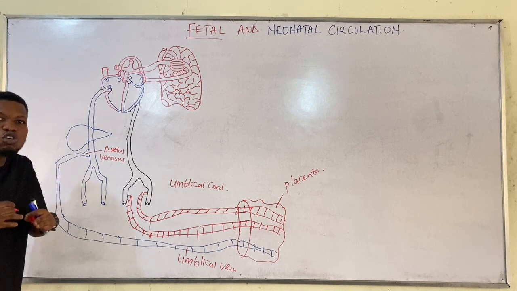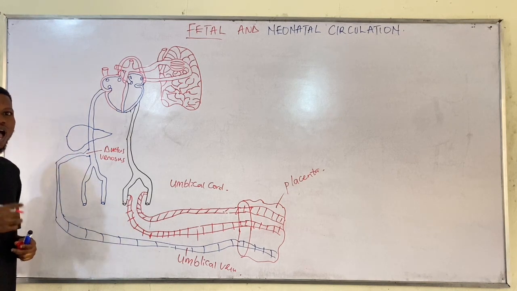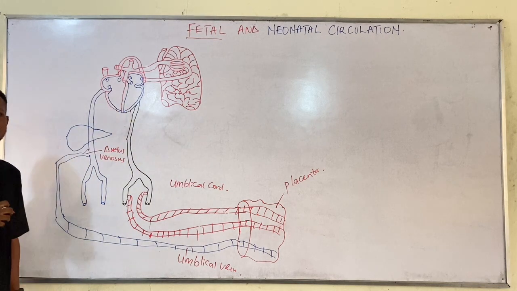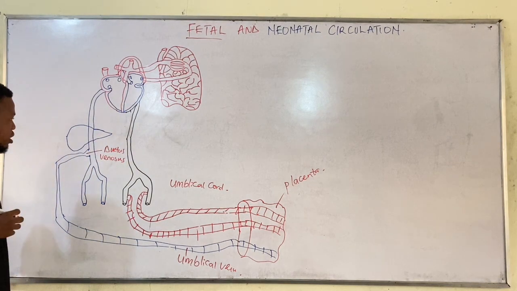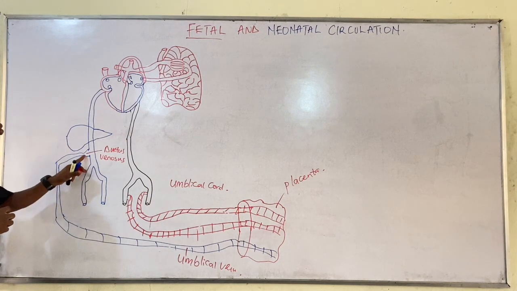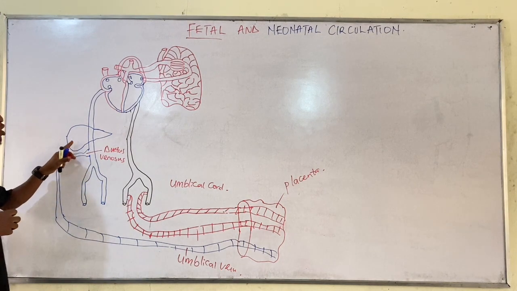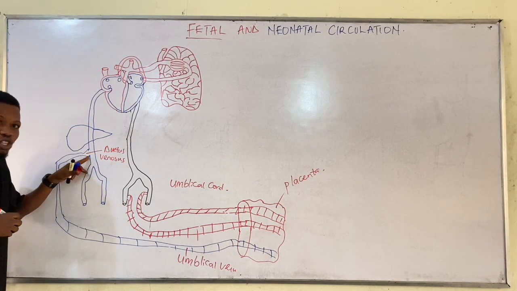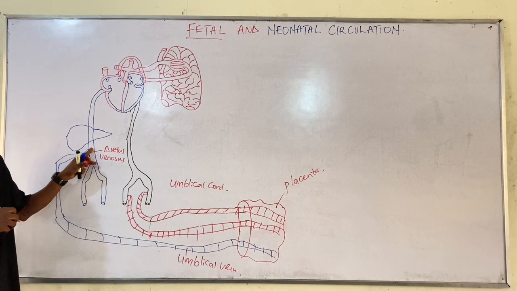It's going to reduce the oxygen content of the blood, and we need oxygen-rich blood to enter the heart of the developing fetus. Do you understand my points now? So that is why the umbilical vein gives the oxygenated blood to the ductus venosus, so that it can bypass the liver.